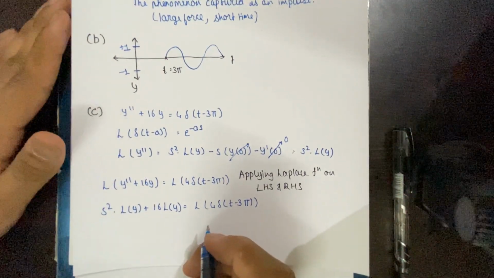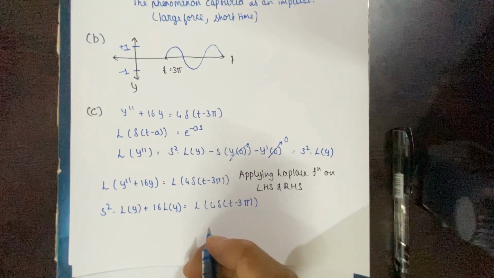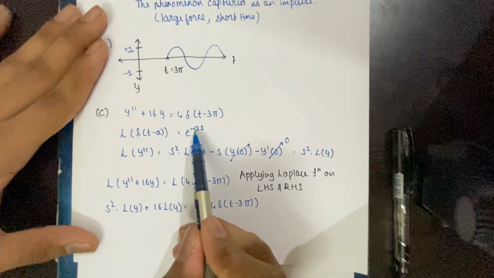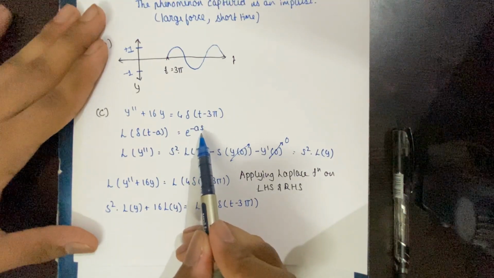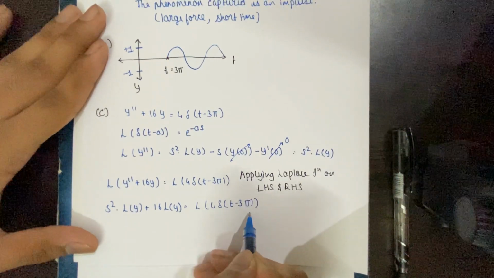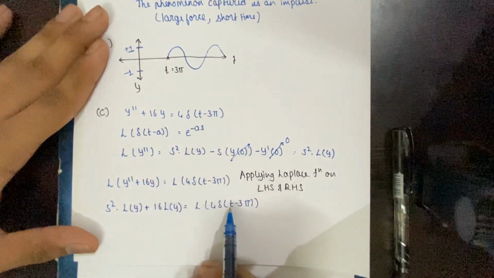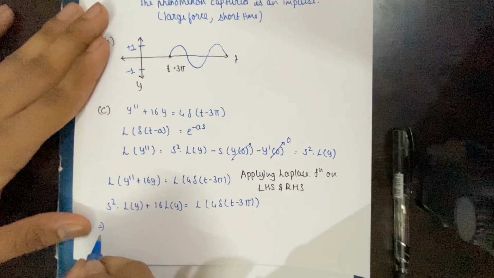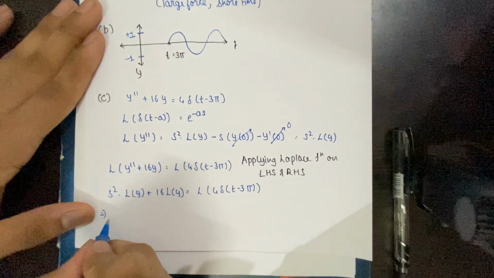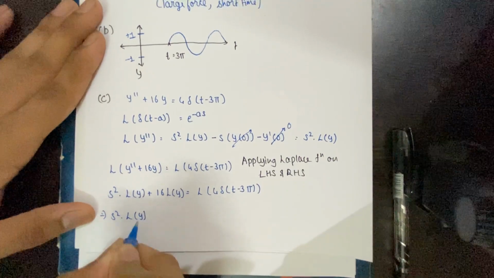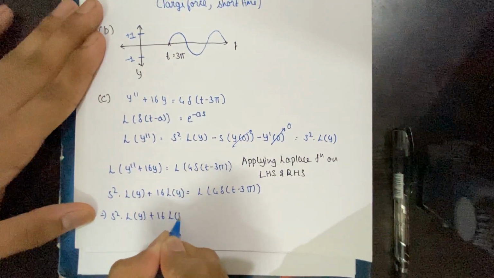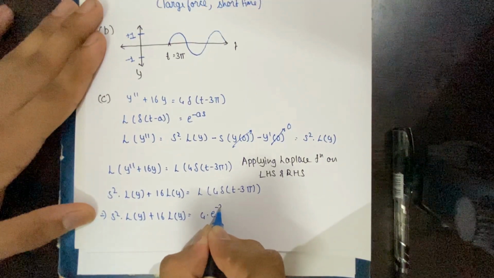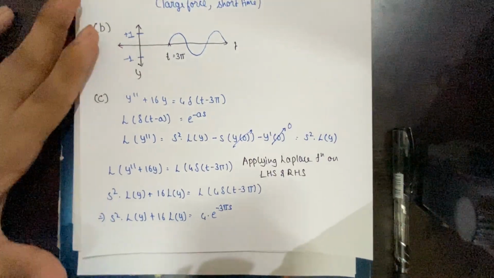Fine. Laplace of 4 Dirac delta t minus 3 pi is going to be 4 times e to the power minus as, where a is obviously 3 pi, because it's t minus a and t minus 3 pi, so it's going to be e to the power minus 3 pi s. Okay, let's solve this. It's going to be s square Laplace of y plus 16 Laplace of y equals 4 times e to the power minus 3 pi s. Good.